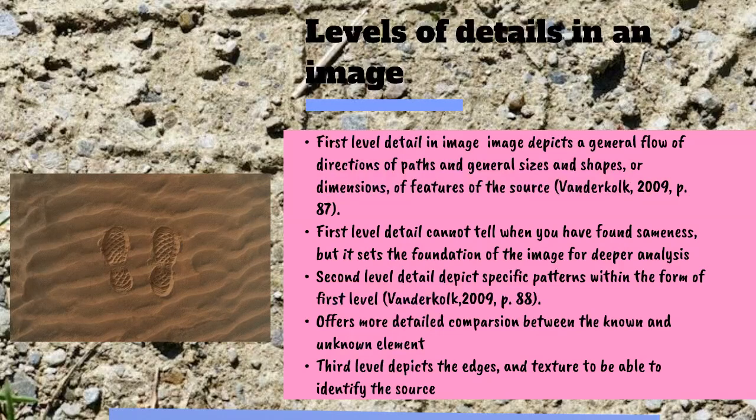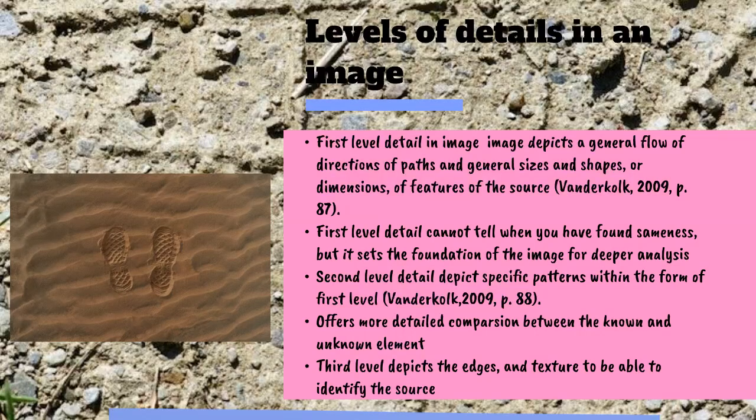The second level of detail is where the patterns start to form. For an example, we can have that first level detail image, but we can also start adding different things onto it. But like I stated before in one of my discussion posts, do we think that the third level detail can be necessary if the first level detail lacks quality and quantity?